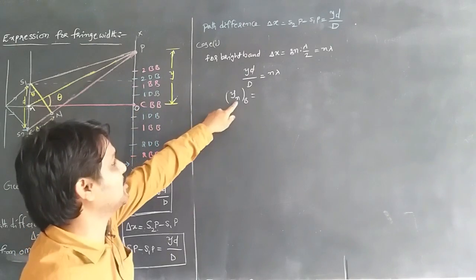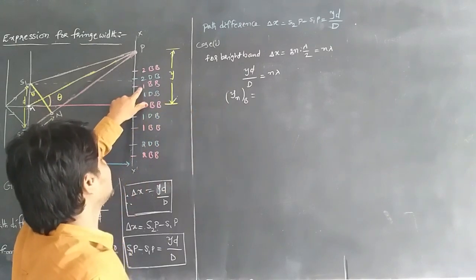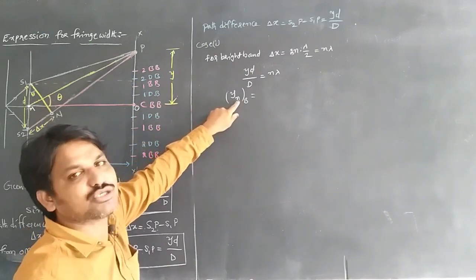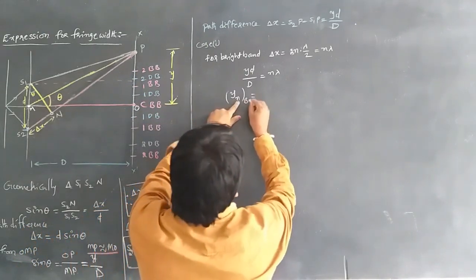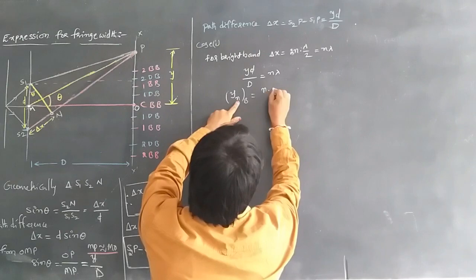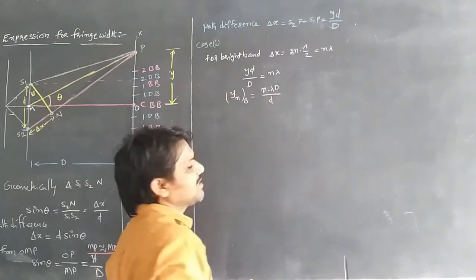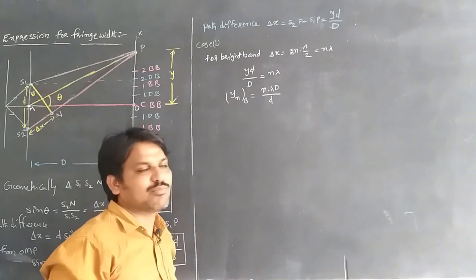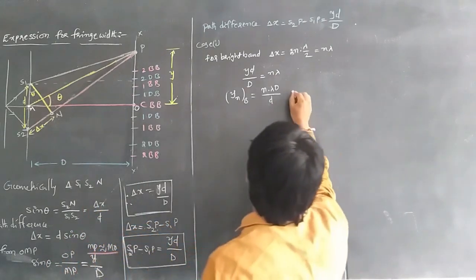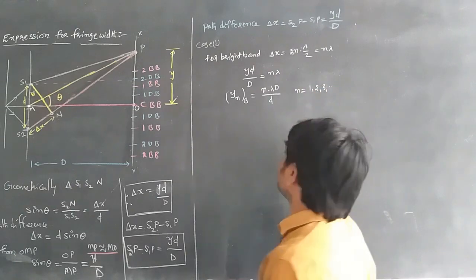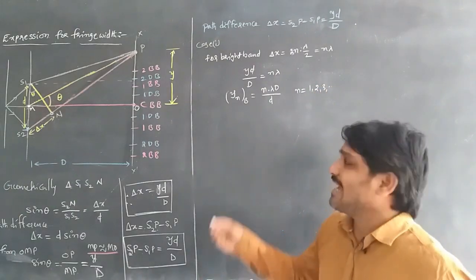If this is the first bright band and this is the second bright band, then n is equal to 1, 2, 3 and so on. So we can write n lambda capital D by small d, where n is equal to 1, 2, 3 and so on, the number of bands.